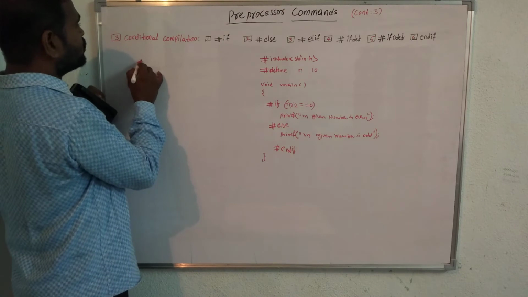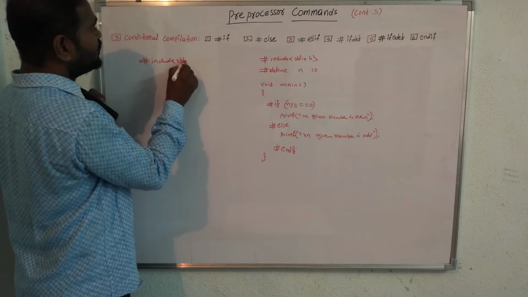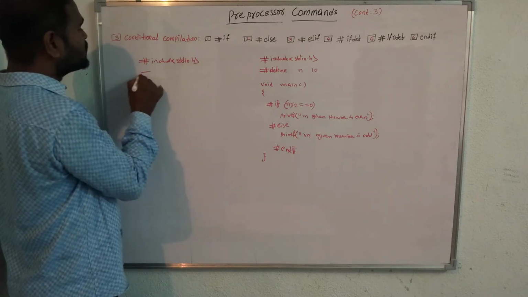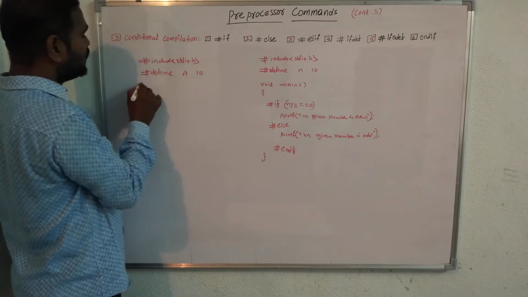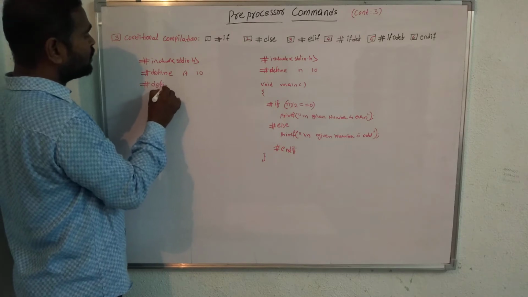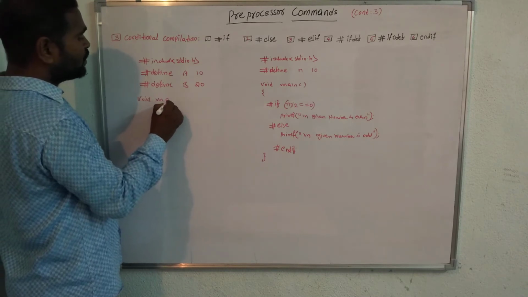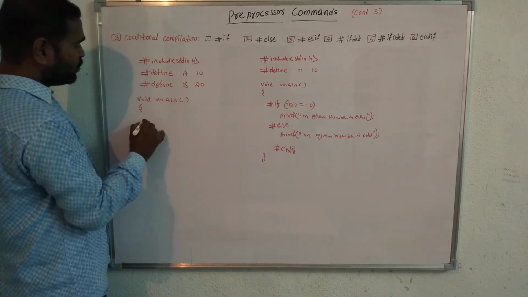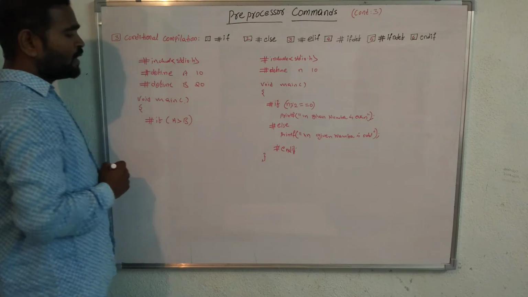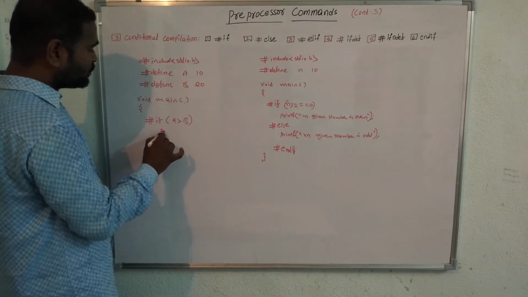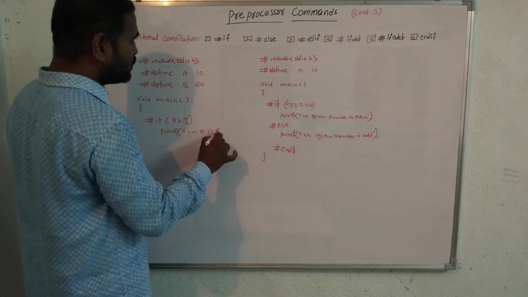Please observe here. Now #include <stdio.h>, now #define A 10, and again #define B 20. Now void main. Here #if A > B, then printf "\n a is big".